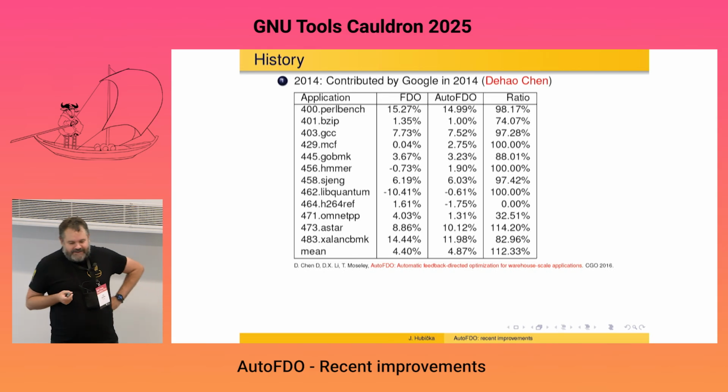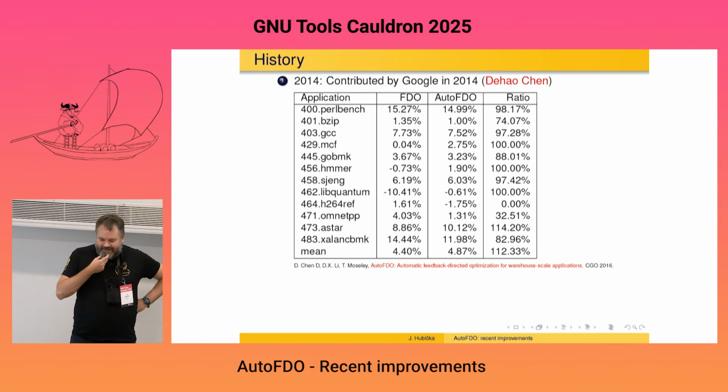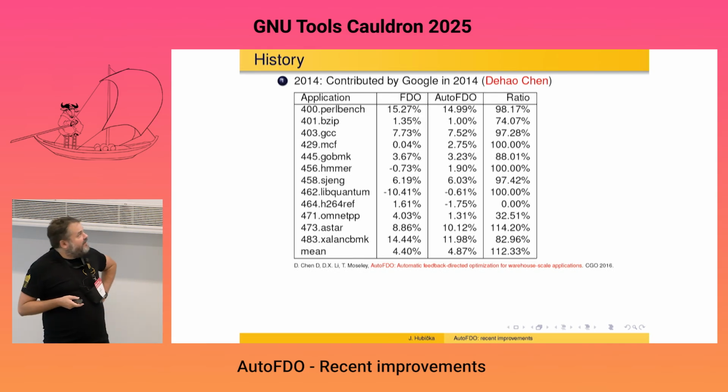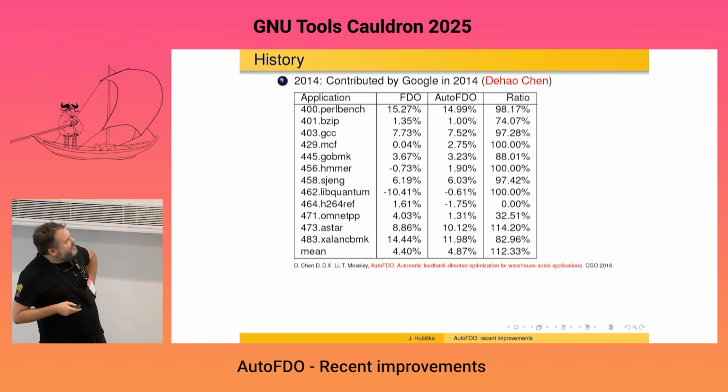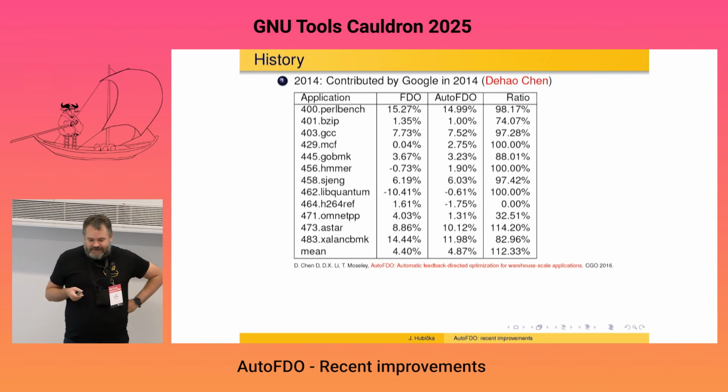So there's a history of this feature. It was contributed by Google in 2014. Again, there's a paper on it from 2016, by Dehao Chen and David Xinliang Li. It lists what kind of benefits they got at the time they were contributing it to GCC.